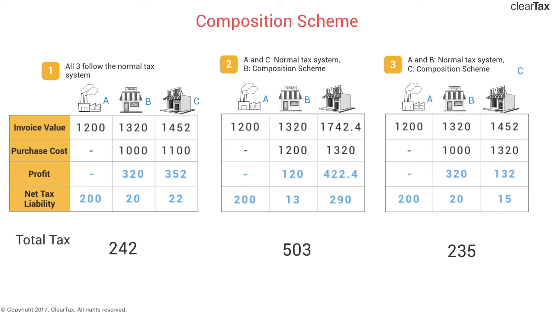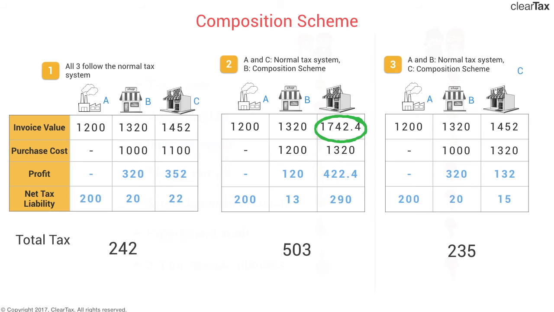The final cost for the consumer would also increase in this case because the cascading effect is quite high for the middleman. He'll pass on that tax to the next customer in the supply chain, who's also a dealer, a wholesaler. So this way, the cost of goods would in turn become higher. In the first case, the cost of goods to the final consumer is 1452.